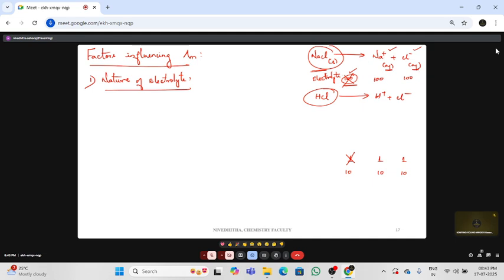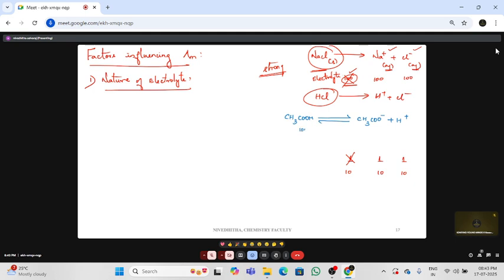This kind of electrolyte is called a strong electrolyte. But there are some other electrolytes. Again, the classic example is this one. Could you please name this compound? CH3COOH, acetic acid. Very good. If you dissolve acetic acid in water, it will get dissociated into CH3COO minus, which is an anion, and H plus, which is a cation. This is not complete dissociation, it is partial dissociation.